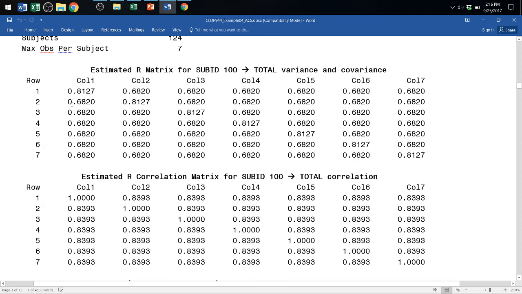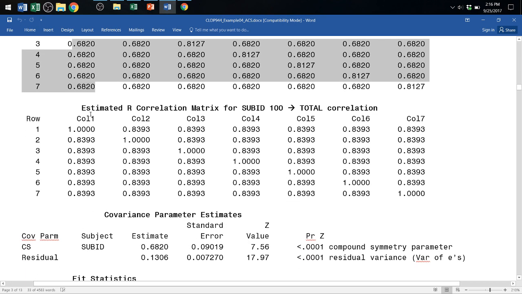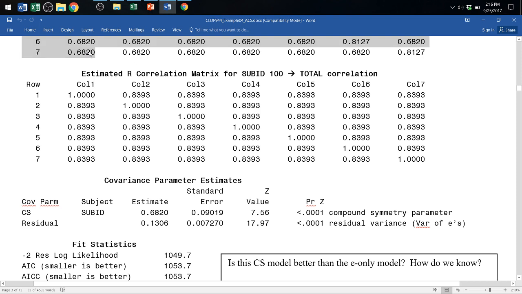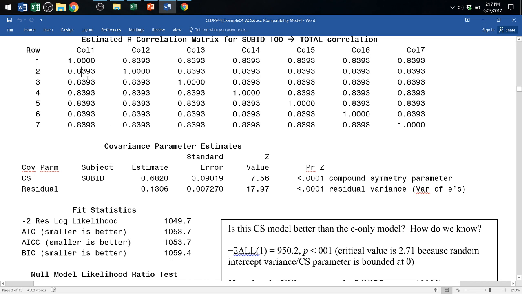The off diagonal up above now has some numbers in it. The same number. This is the model that says the only reason that occasions from the same person are correlated is person mean differences, is random intercept variance. And so that's why random intercept variance is showing up in that off diagonal. If I take that covariance and translate it into a correlation, that correlation is 0.84. That correlation of 0.84 has a special name, right?